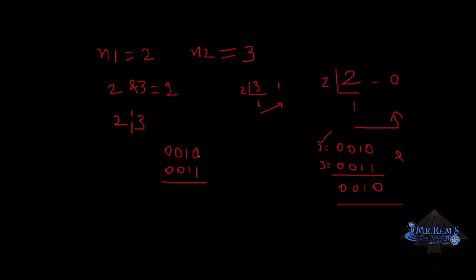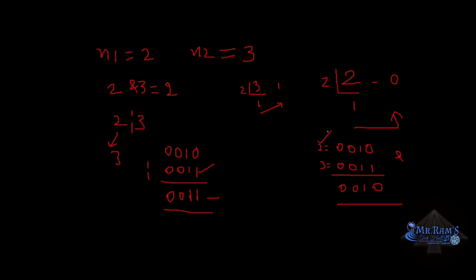Now we need to perform the OR operation here. 0 or 1, 1; 1 or 1, 1; 0 or 0, 0; 0 or 0, 0. So what is the result? 3. 3 is the result of 2 or 3. Clear about it?